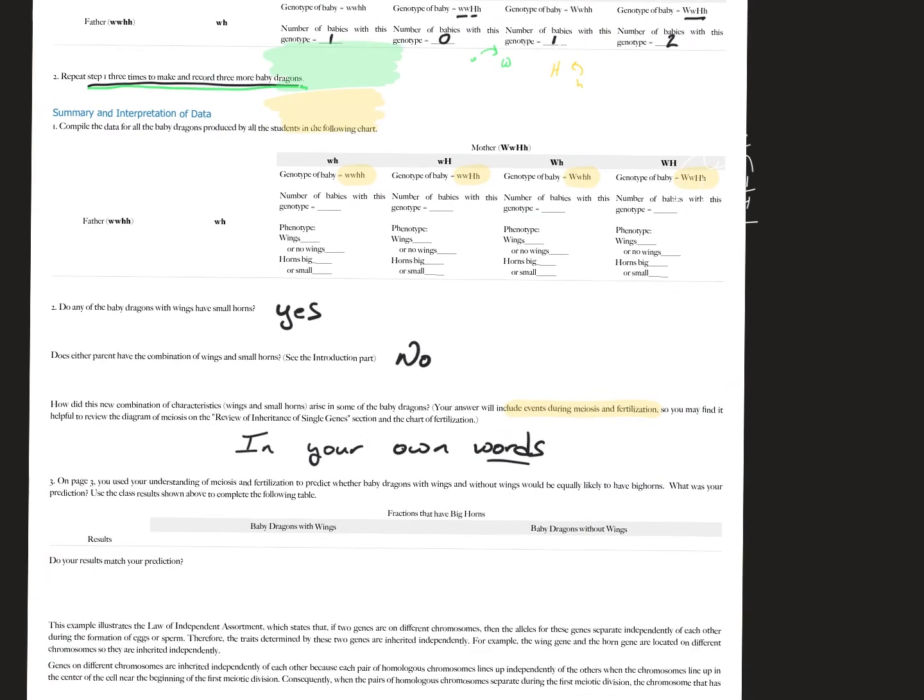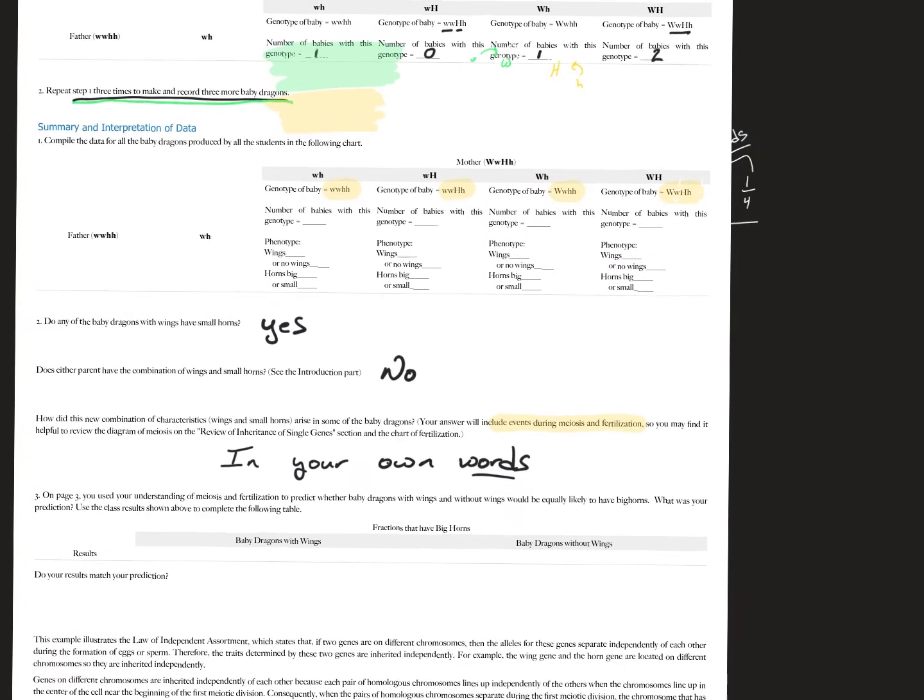So what is your prediction? Use the class results shown above to complete the following table. Would baby dragons with wings and without wings be equally likely to have big horns? Think about it. If each of these has the same chance, 1 out of 4, then the more rolls you do, the closer you get. In this case, this baby dragon would have no wings but small horns.